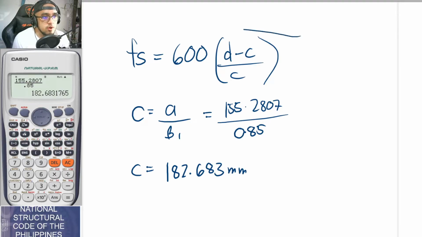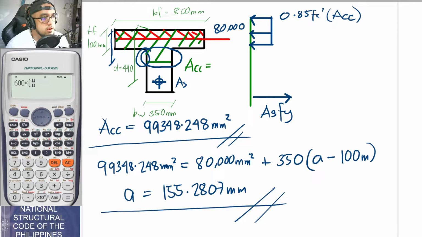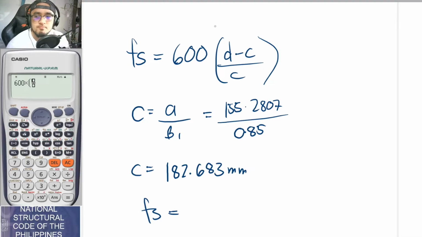Substituting all the values here, our Fs is now equal to 600 times D, which is 440 here, so 440 minus C, which is 182.683, divided by 182.683.